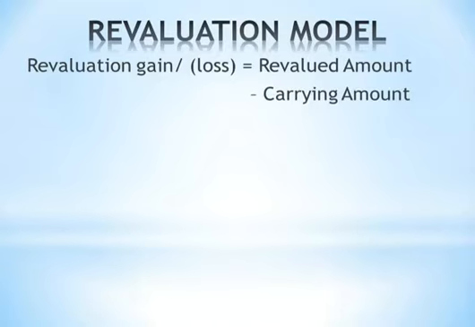So there is the need for you to always ascertain the current amount up to that particular date. If the revaluation occurred at the end of a particular year, you have to find the current amount up to that end of the period. If the revaluation occurred in the middle of the period, you need to calculate the current amount up to that middle of the period in order to compare and get your revaluation gain or loss.